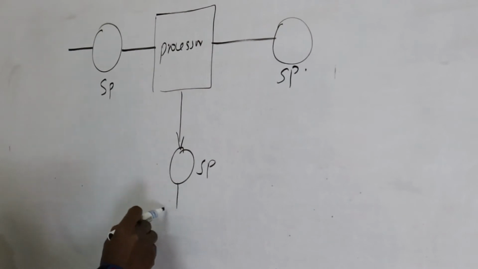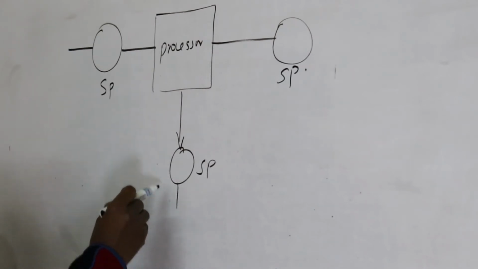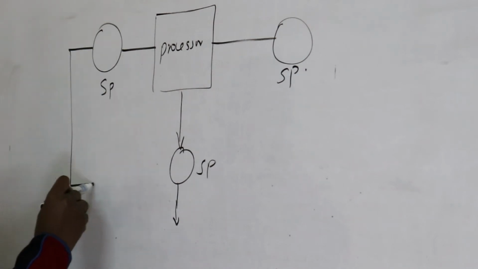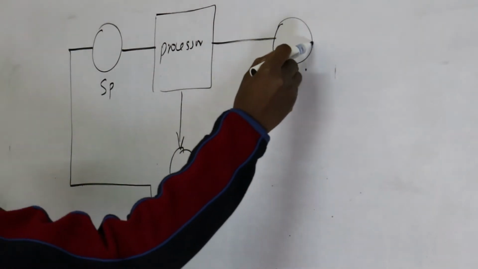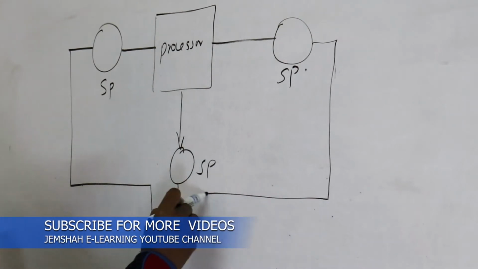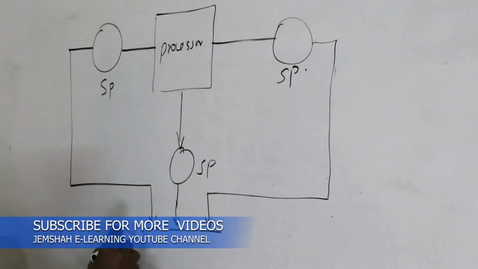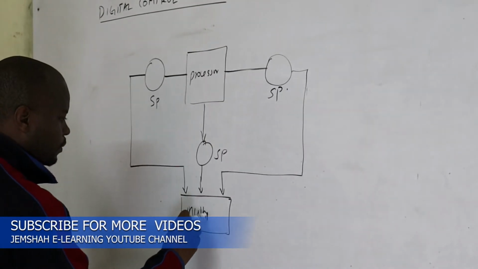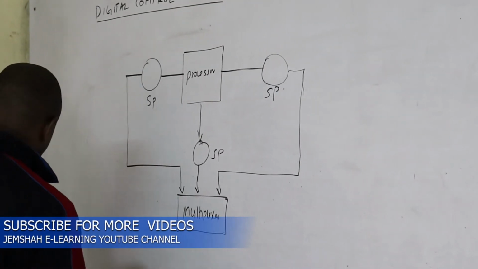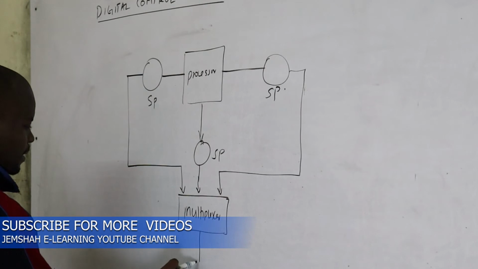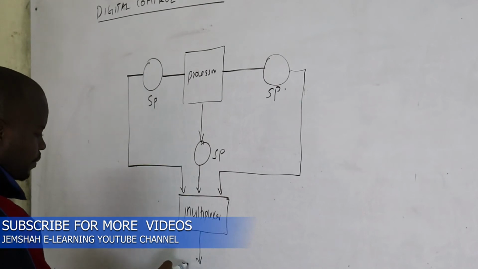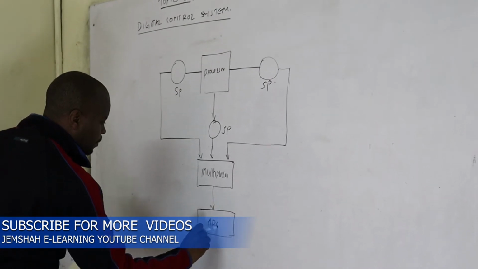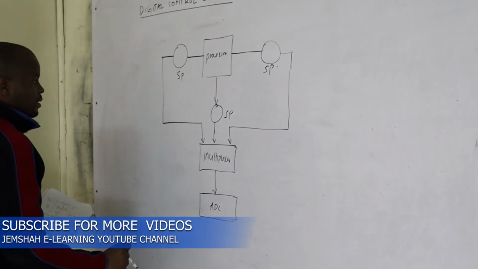Then from there, it goes to the multiplexer. We know the multiplexer will have several inputs, but will only give a single input at a time. The multiplexer goes to the ADC.